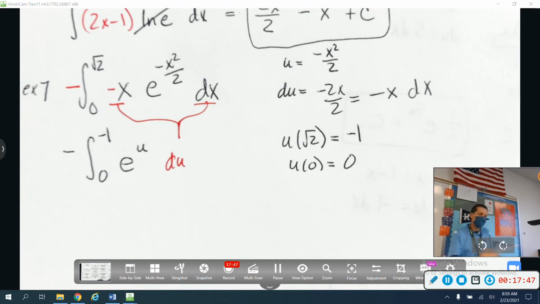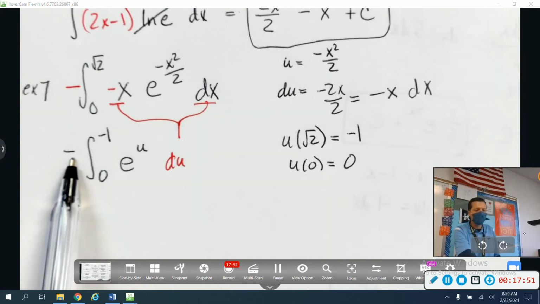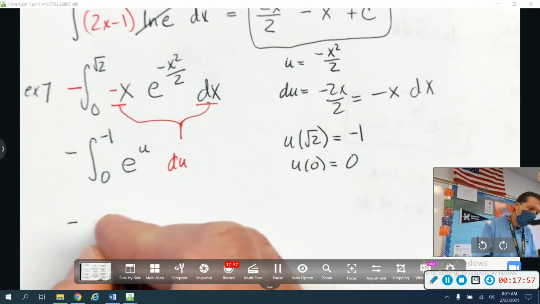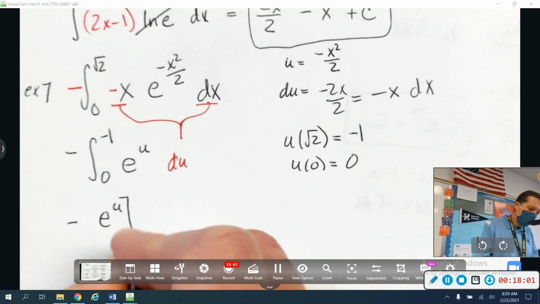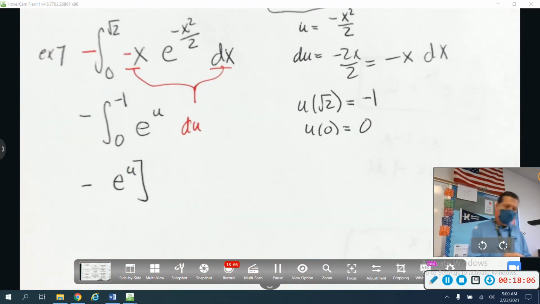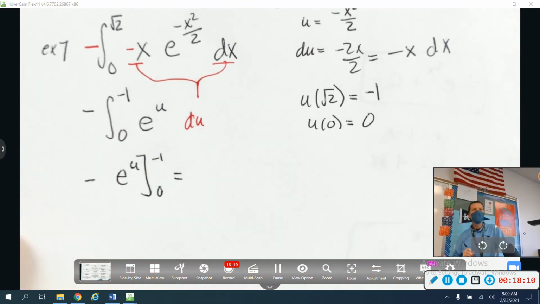And again, the negative, do you want to use the negative to switch the limits or just leave it and not worry about it? I think I'm going to leave it for right now. So negative e to the u, because antiderivative of e to the u is e to the u, from 0 to negative 1.